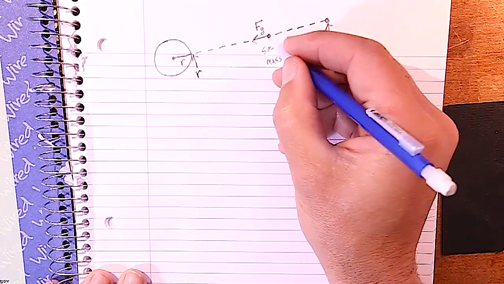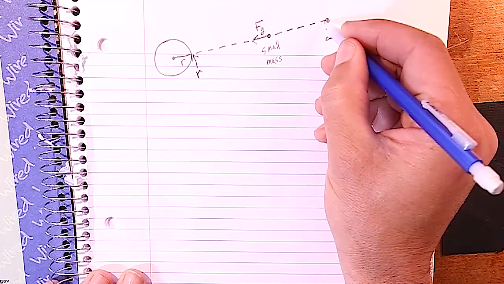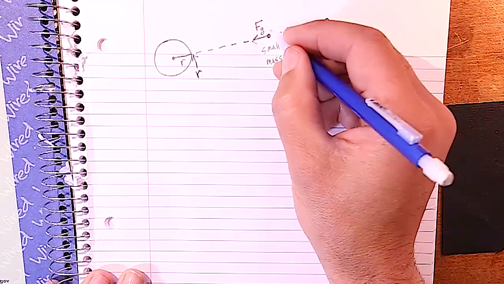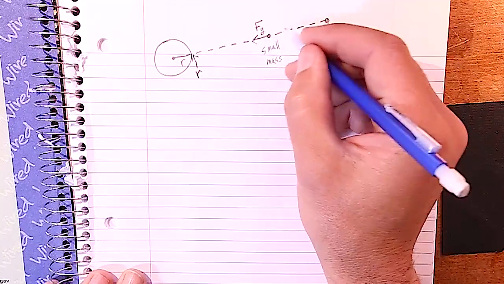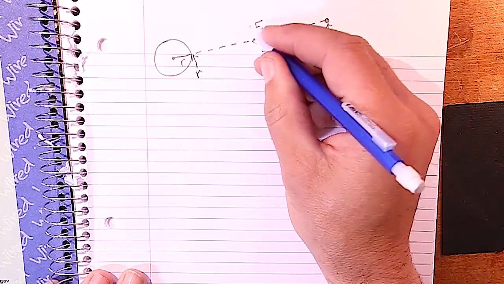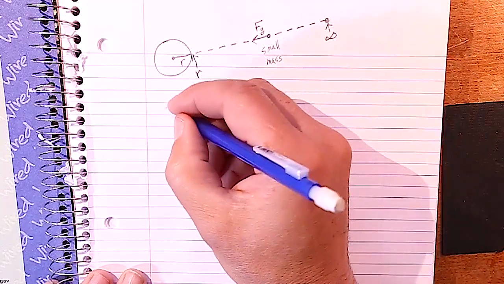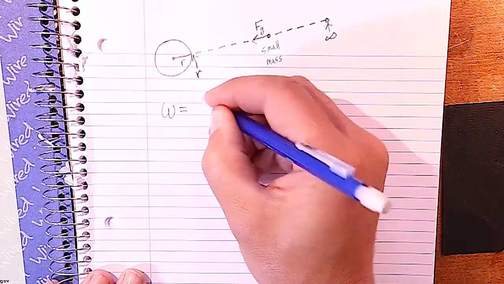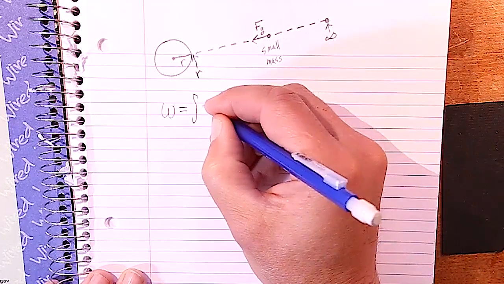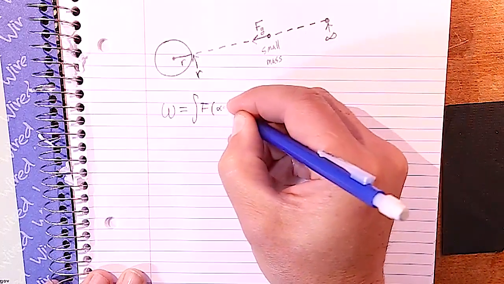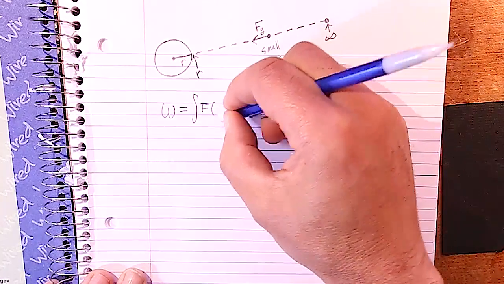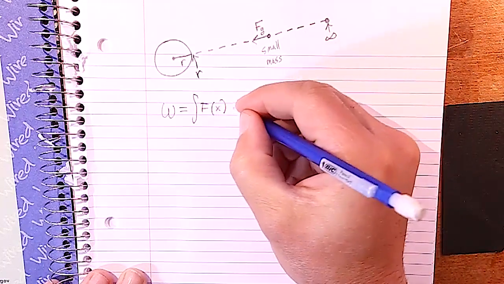So we know that if we're moving it, let's say, from infinity back to r, that distance, as we move it back, is going to be in the same direction as the force. And we know that that integration is the formula for work, which is the integral of F of x dx.